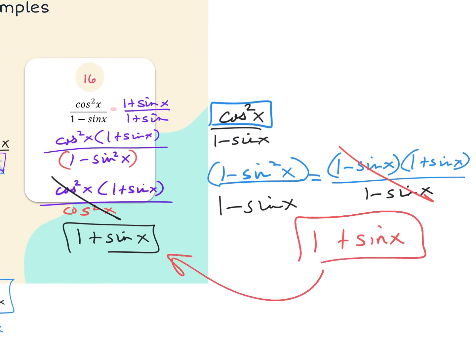So again, sometimes there's multiple ways to simplify these. But again, I would only multiply something by its conjugate if it's going to get you to a Pythagorean identity that you can use to help simplify things. So again, these are going to be a little bit challenging at first. They will take practice.